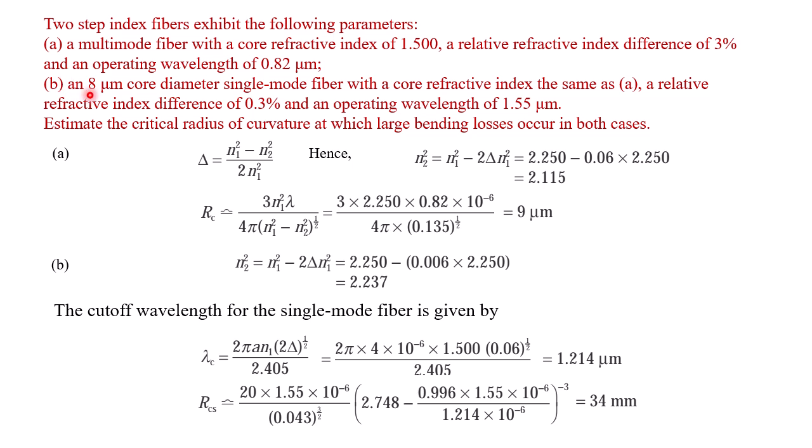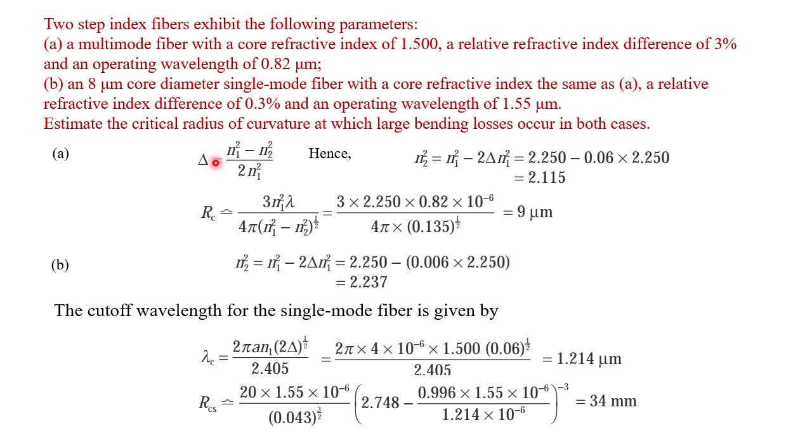And question B is an 8 micrometer core diameter single mode fiber with a core refractive index same as this one, a relative refractive index difference of 0.3%, and an operating wavelength of 1.55 micrometer. Estimate the critical radius of curvature at which large bending losses occur in both cases.